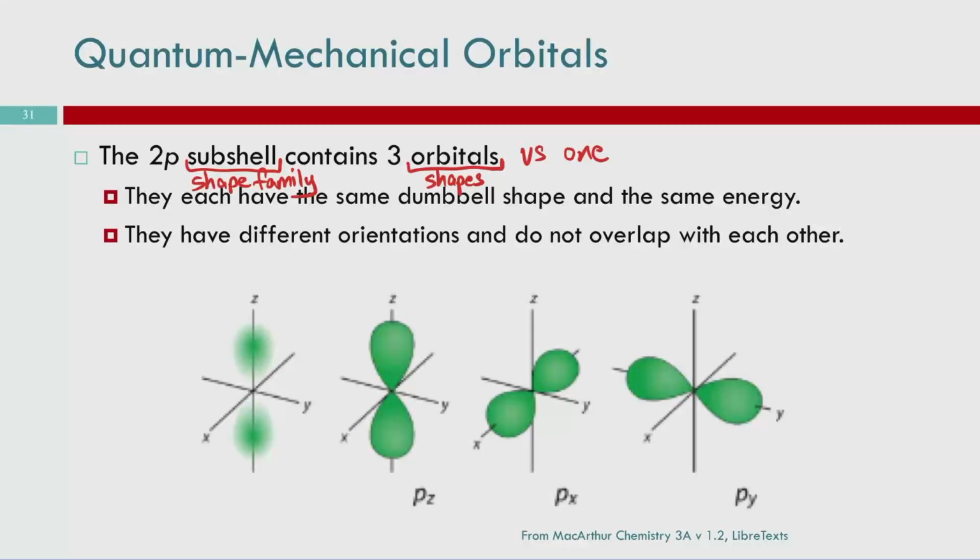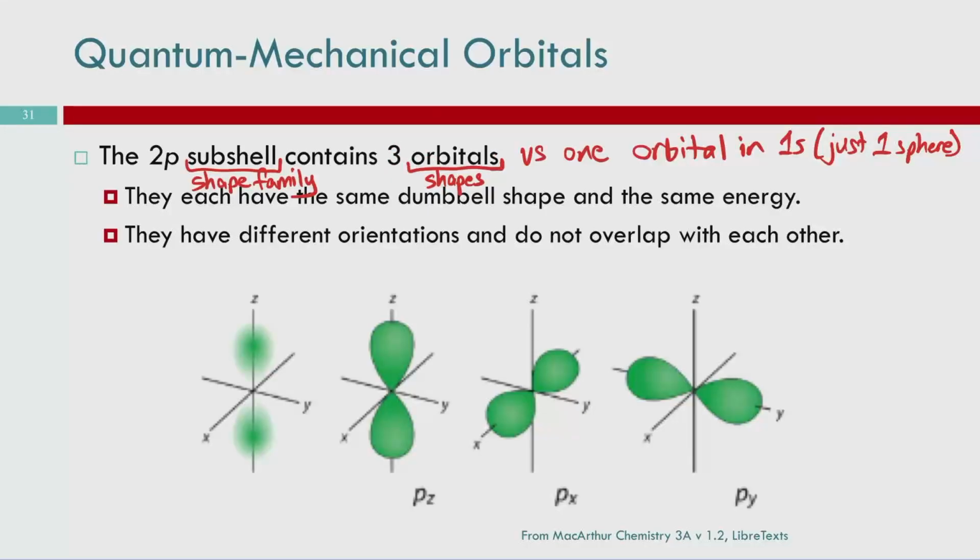And this is in contrast to 1 orbital in 1s, where we had just one sphere. So s only has one possible shape in it, and that's the sphere. The p subshell has 3 orbitals, or 3 shapes.